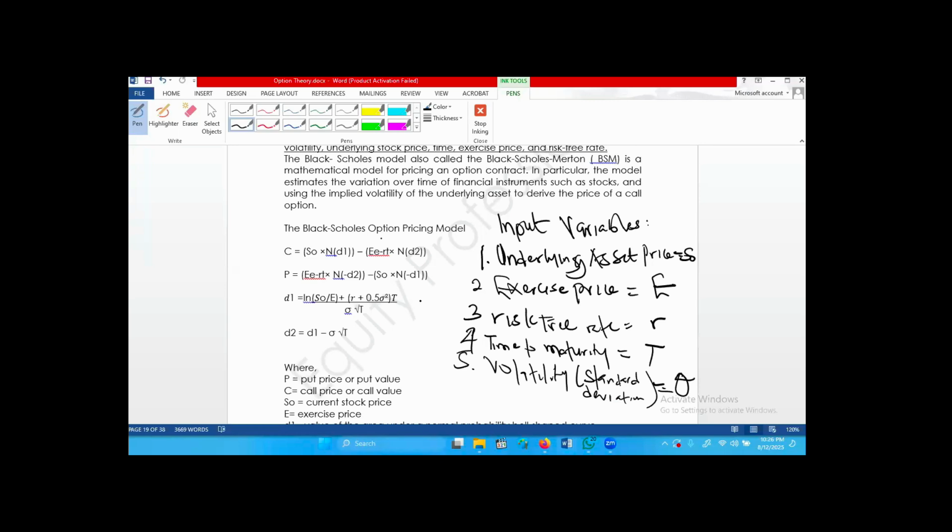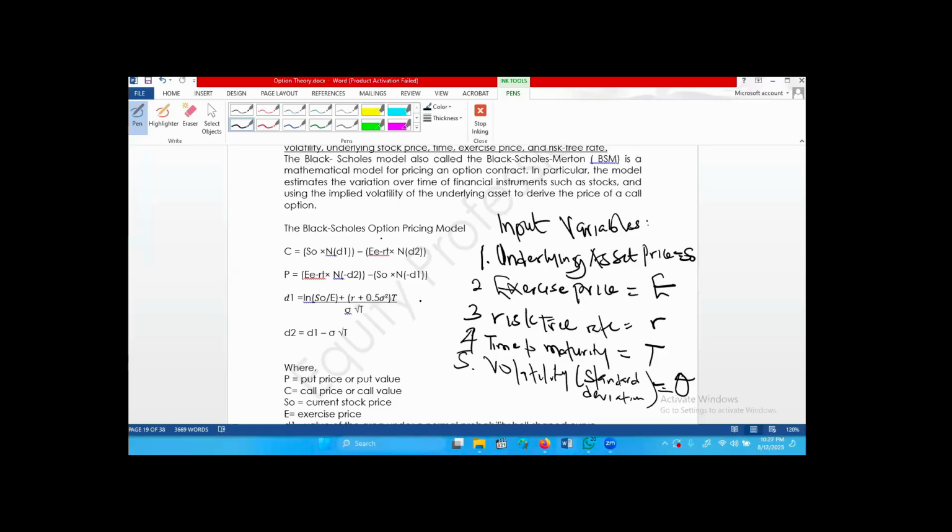Then close your bracket, multiply by T. Denominator is standard deviation multiplied by the square root of T. So get your d1, your d2.